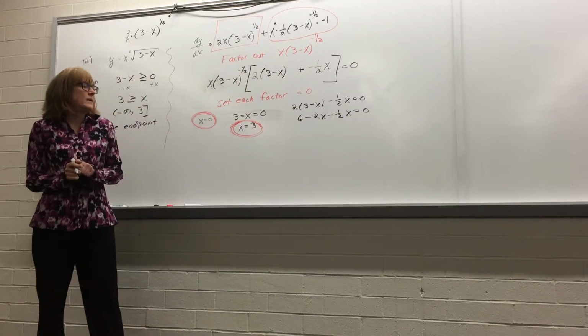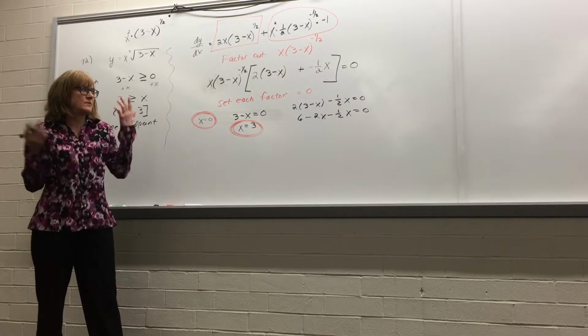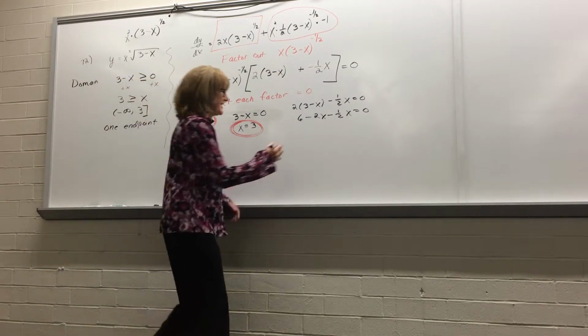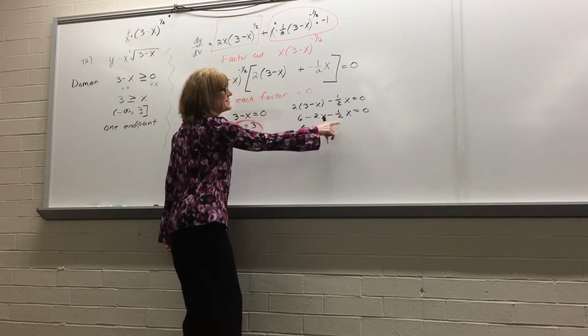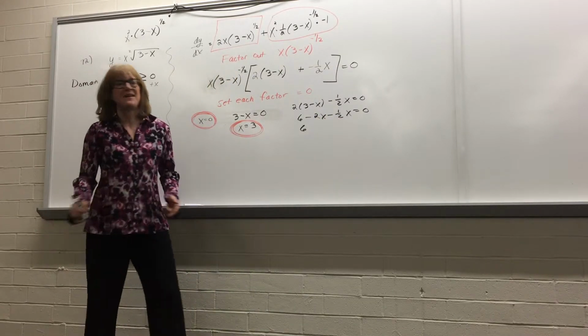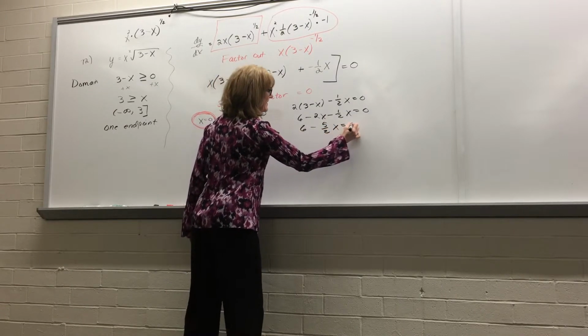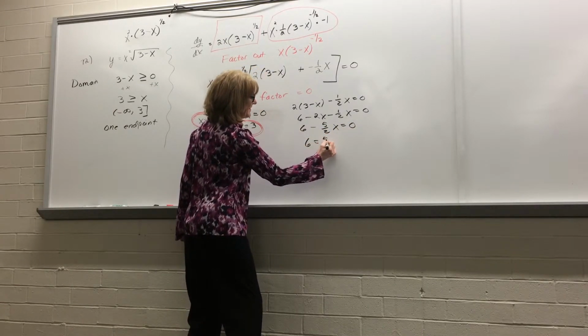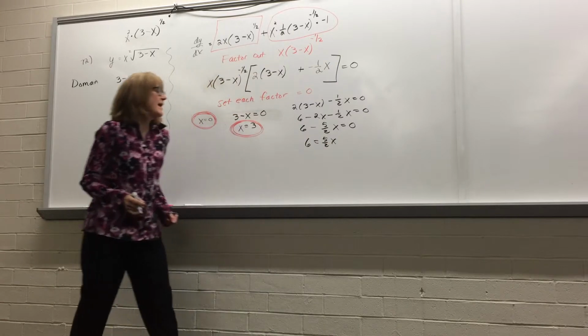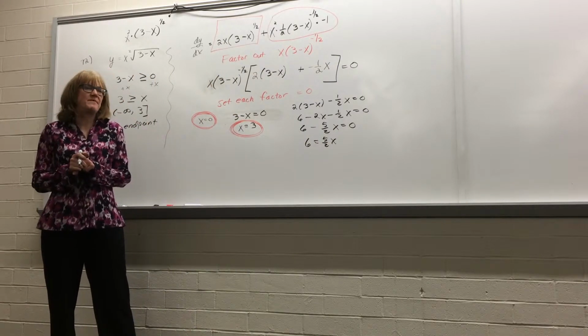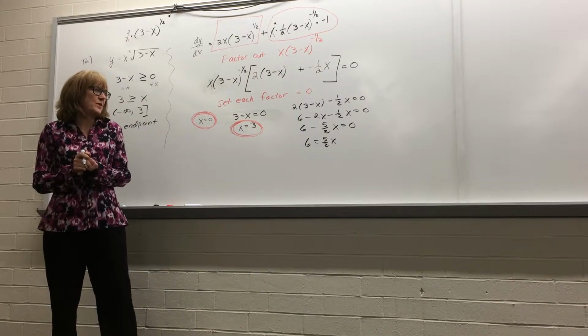So I'll subtract something. Solve for x. Negative 2x minus 1/2 x gives me a negative 5/2 x. And divide both sides by 5/2, and we would get 12/5.